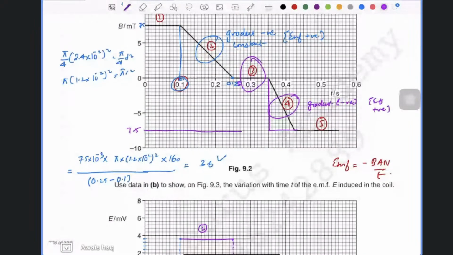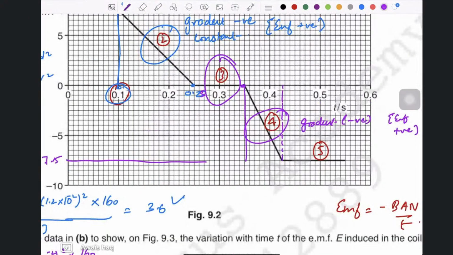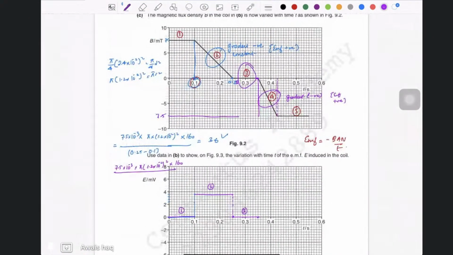So 7.5 times 10 raised to minus 3 times pi times 1.2 times 10 raised to minus 2 whole square, multiplied by 160 turns, and the change in time was from this point to, I believe, this point. What is 0.425 minus 0.35? Isn't it 0.5? Okay, never mind. I think the video is right.